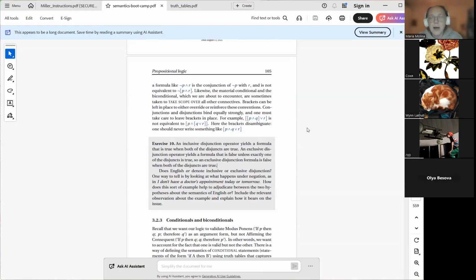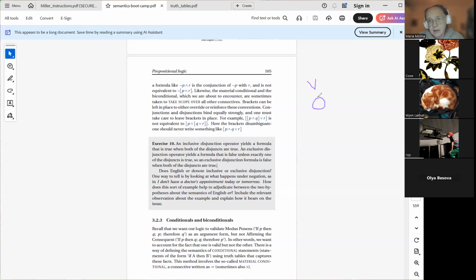Actually, I see that we have even different ways to write it. This is inclusive or, and there is a sign. Ola, do you have this in math? Yeah, this is XOR.